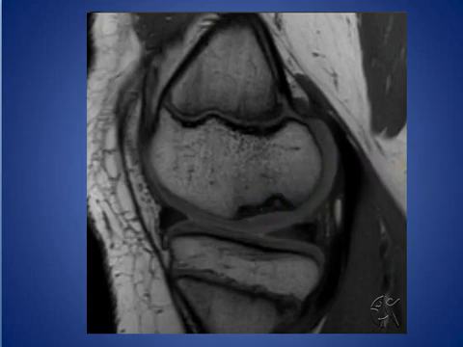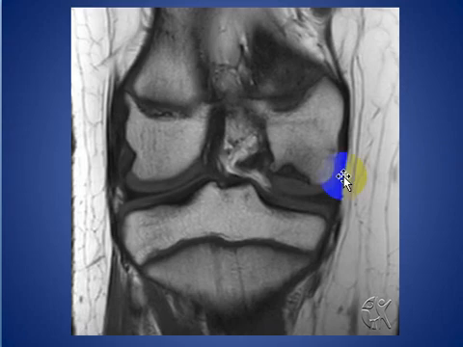What is the diagnosis? Here, this is the coronal cut of the knee, and this again demonstrates the low signal intensity in the medial femoral condyle.